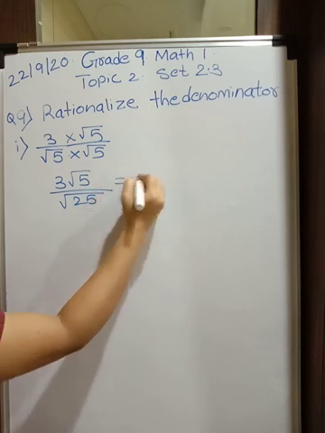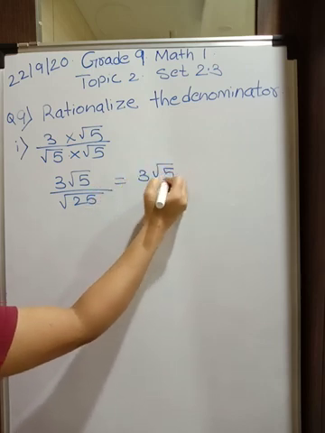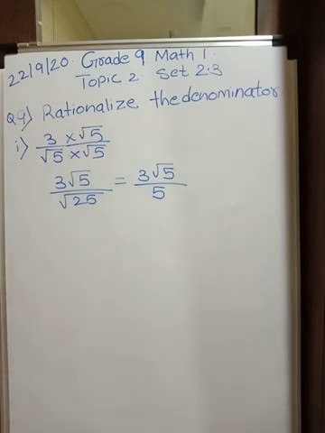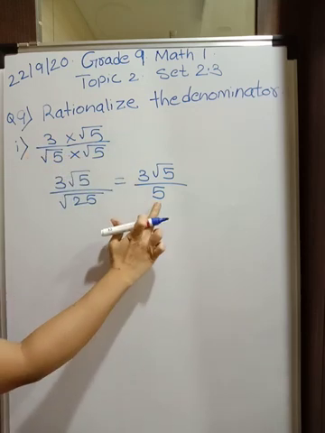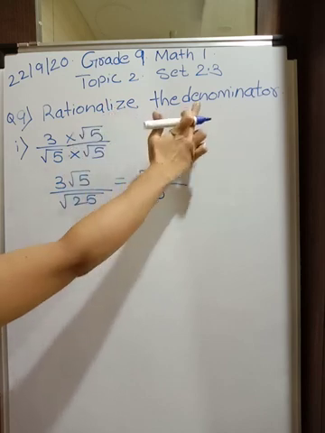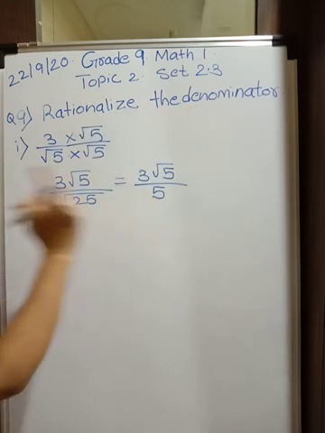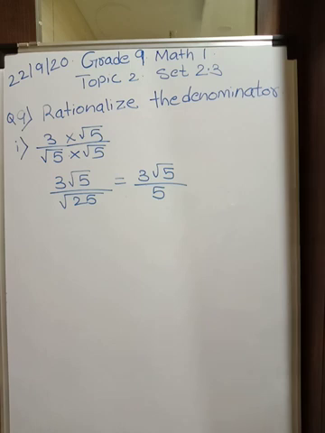So what is the answer? 3 root 5 upon 5. So this root 5 is now changed into 5. We are rationalizing the denominator. The denominator is converted from root 5 to 5. Have you understood the meaning of rationalizing the denominator? Isn't it easy?